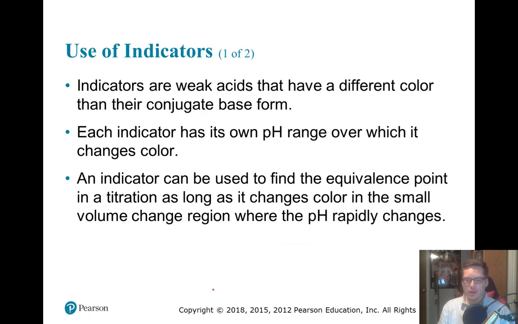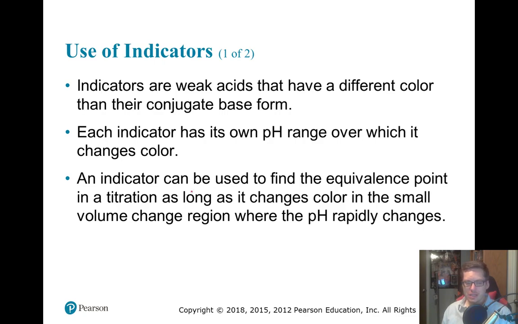Now, just to change gears real quick, and then we'll do some practice problems. We've got to talk about indicators. We're bringing this up now because essentially an indicator is a buffer solution, a weak acid and conjugate base solution. The cool thing about them is that the weak acid and its conjugate have different colors. As you shift that equilibrium from one side to the other, the solution changes color.